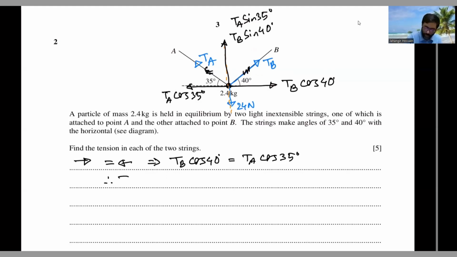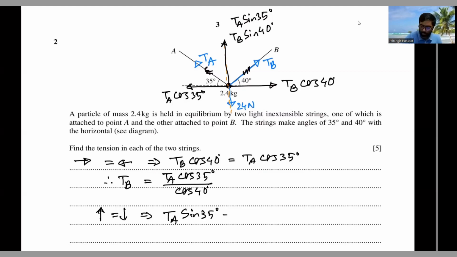So TB is TA cos 35 by cos 40. And if you equate vertically, we have TA sin 35 plus TB sin 40 equals 24.